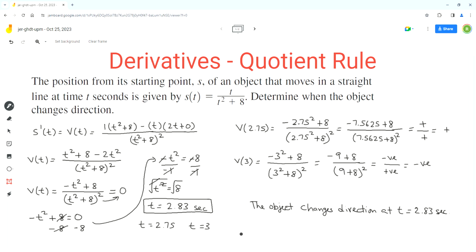It's very important to analyze the problem carefully. In this case, we have to find when the object changes direction. That means when the velocity of the object changes sign from positive to negative or negative to positive. That's why we find the velocity function and then find the times at which the velocity is equal to 0, because that's the time at which the change will happen.